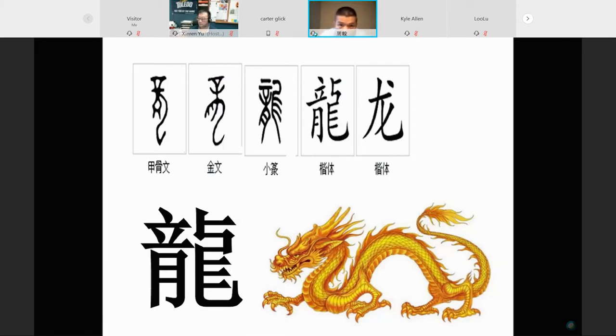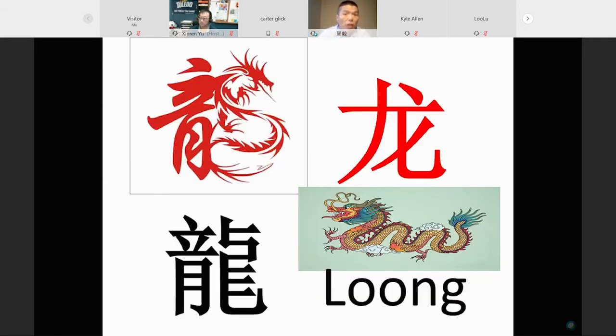The second one looks more like a dragon, and it evolves on. And the right side, the right one, is the character we use today. The red one is the dragon we use today.